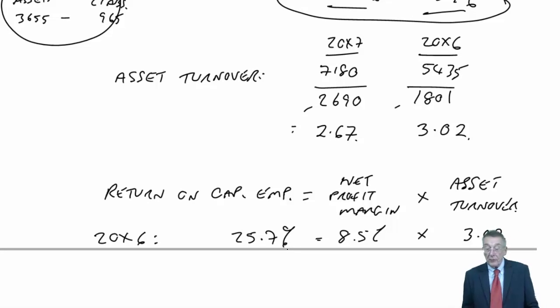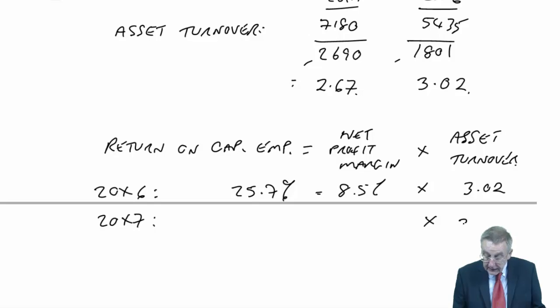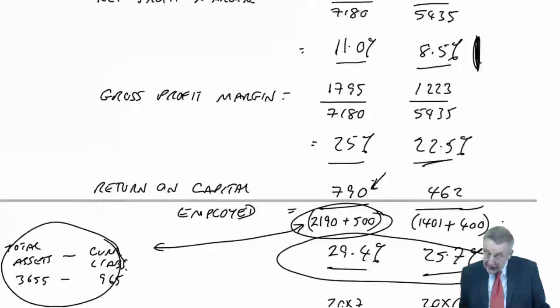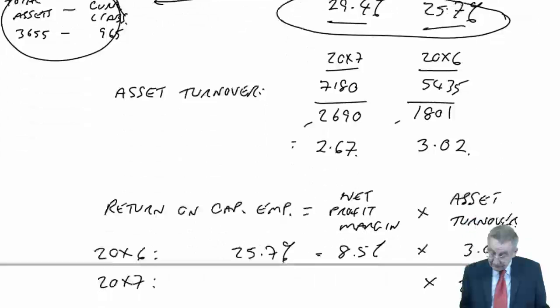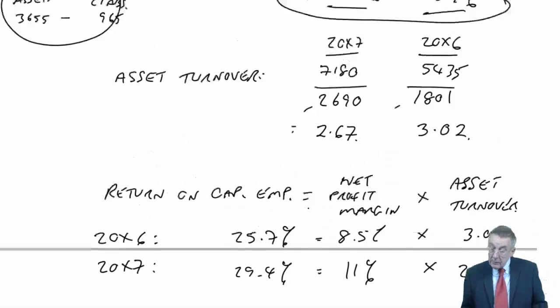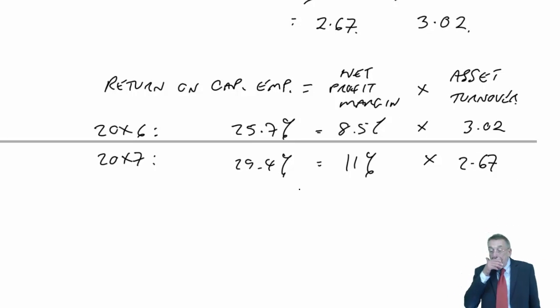Of course, it does actually if you look at the formulae. In 2007, the asset turnover fell a little bit, which wasn't in itself good, but the net profit margin increased, and that was good. The two together give us the return on capital employed, which is 29.4%. Is that what we got? Yes, it is. So that's the point I was trying to make.